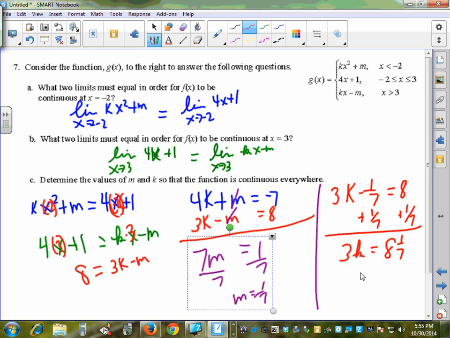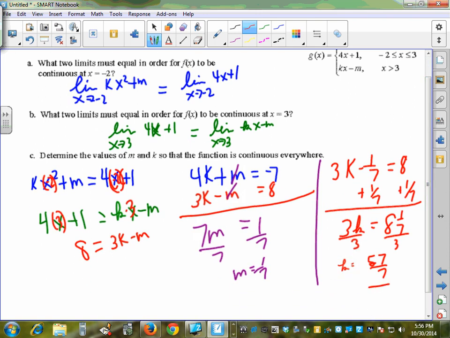I want to stop and just check my math for a second. So that's going to be 8 times 7, 56 plus 1 is 57 sevenths divided by 3 over 1.